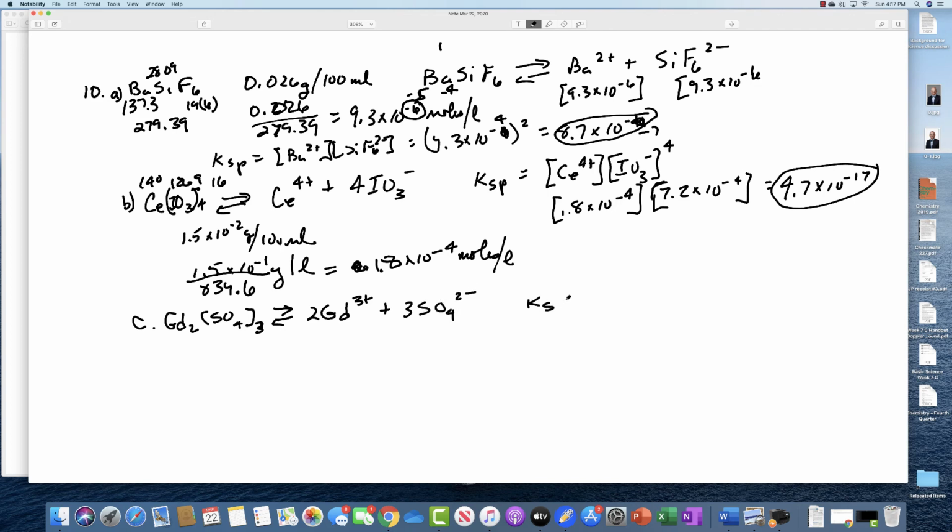So the KSP is going to be gadolinium concentration squared times the sulfate concentration cubed. And the solubility is 3.98 grams per 100, which is 39.8 grams per liter.